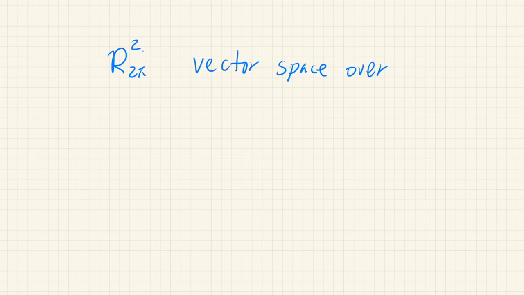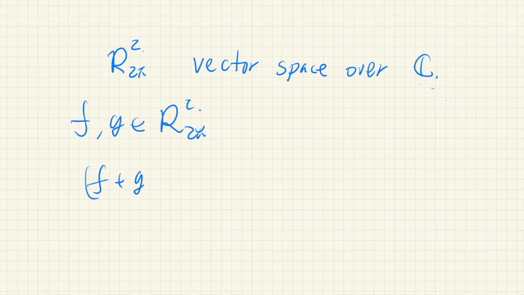Okay, to see that this collection of functions is a vector space over C, that is the set of complex numbers, we need to define addition and scalar multiplication. Let's say f and g are such functions in this set. Then we define f plus g by this equation, f of x plus g of x.